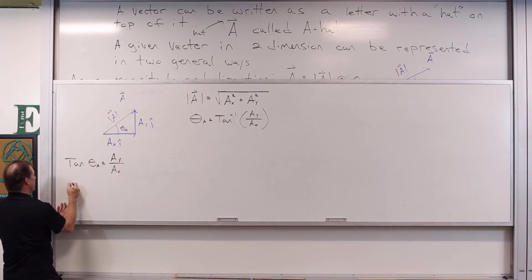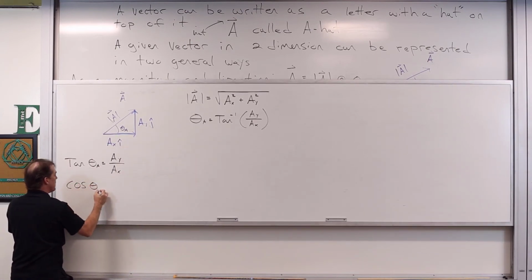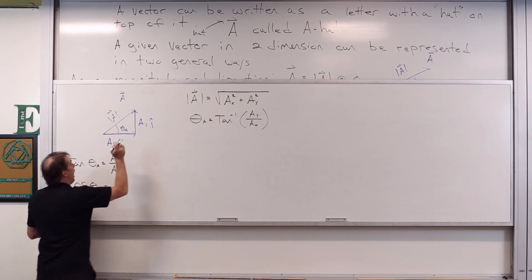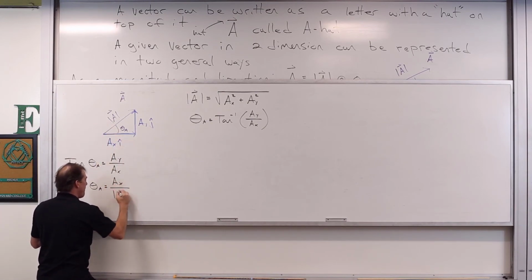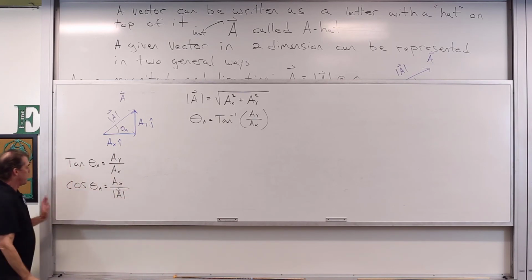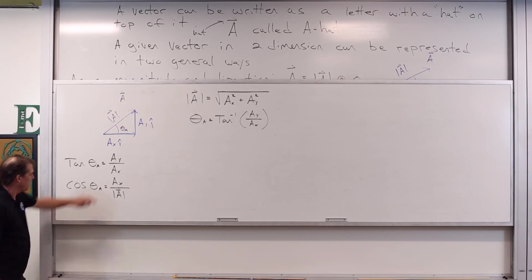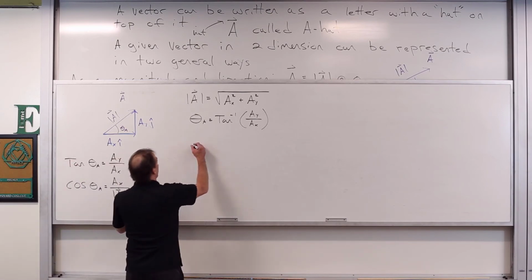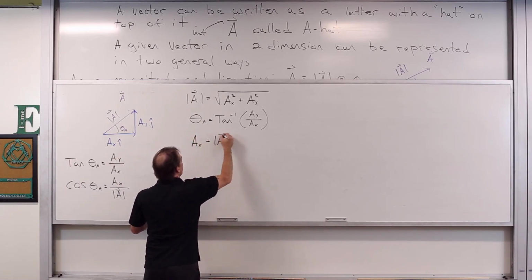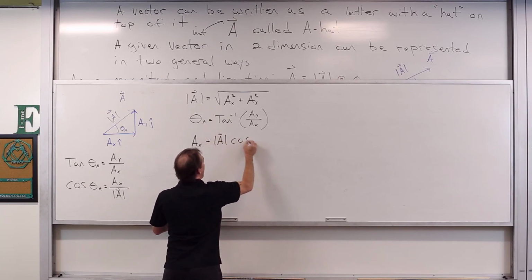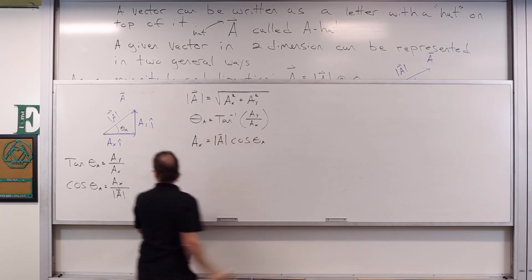We've also got the cosine of theta sub a, adjacent over hypotenuse, which is a sub x over the magnitude of a. We're trying to get a sub x, so we multiply both sides by the magnitude of a, and we get that a sub x is equal to the magnitude of a times the cosine of theta sub a.